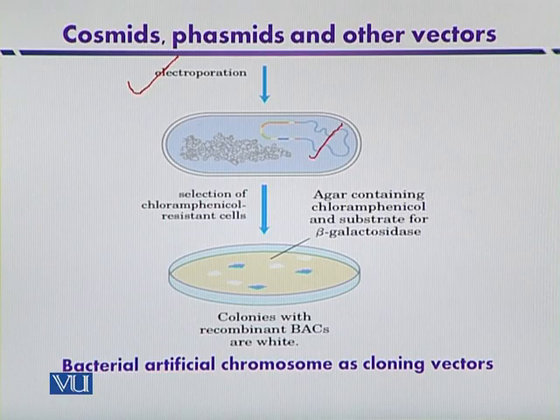If the colonies are colorless, then they indicate the lack of beta-galactosidase, and also the presence of foreign DNA, whereas the blue colonies indicate the absence of foreign DNA. So agar containing chloramphenicol and a substrate for beta-galactosidase can act as a selectable marker. So this is one of the strategies that can be used to clone larger DNA fragments by using bacterial artificial chromosomes.